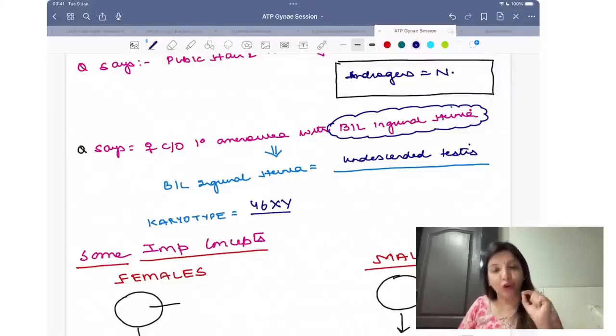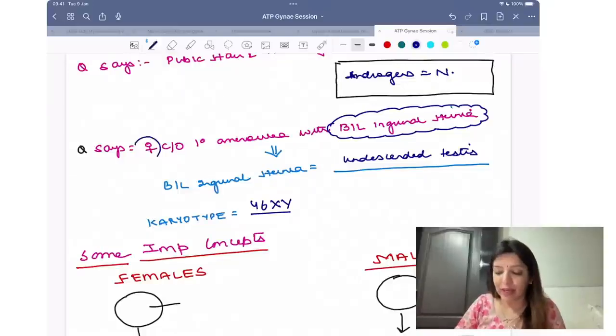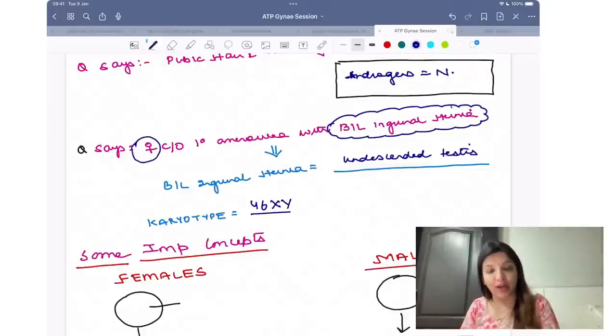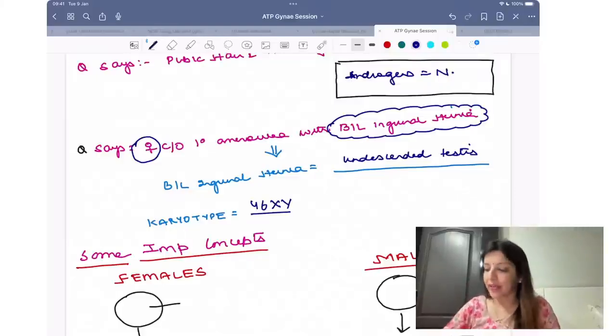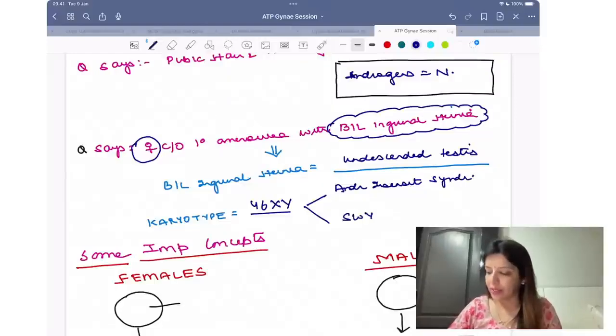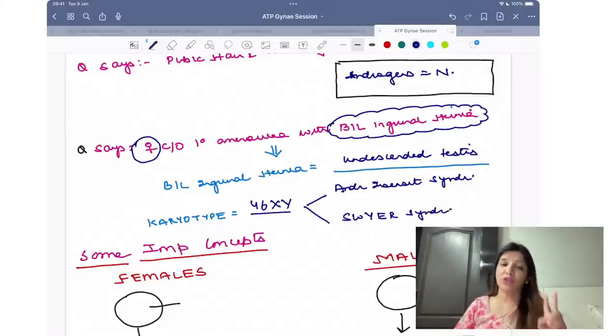46XY. अब 46XY इंडिविजुअल जिसके फीमेल हो, 46XY जो कि आपको फीमेल की तरह दिख रहा हो, right? There can be only two situations. One is androgen insensitivity syndrome, and the other one is Swyer's syndrome. केवल दो सिचुएशन होंगी.